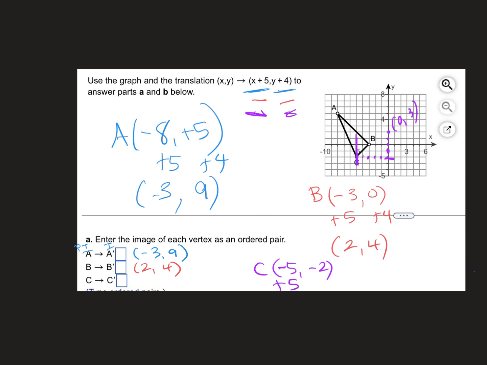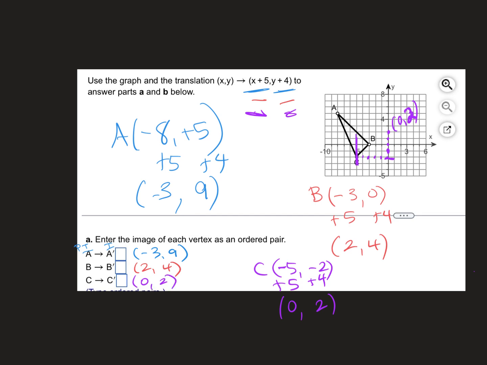Oh, just kidding. It started at -5, -2. So I'm going to add 5, and then add 4. And it helps if Ms. Ender can count. That takes me to -5 plus 5 is 0, and -2 plus 4 is 2. So this point is 0, 2.